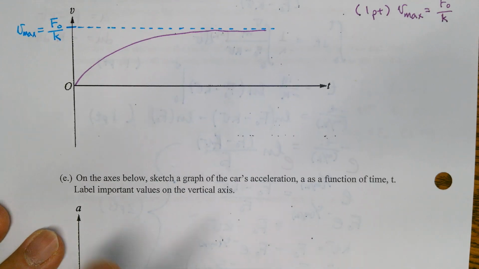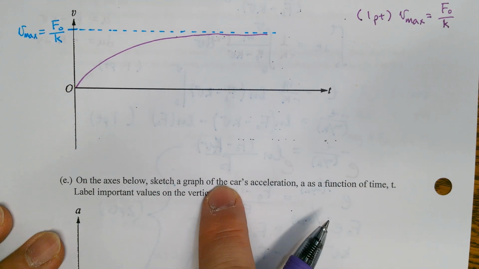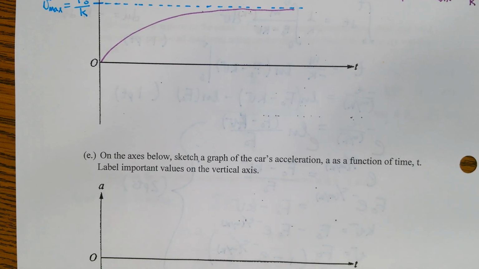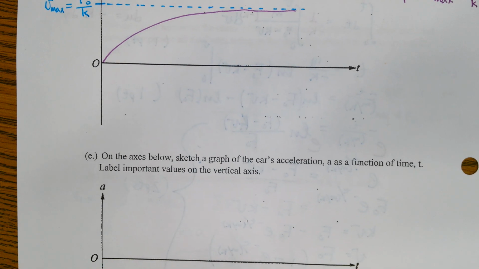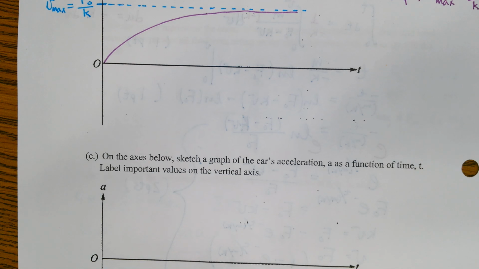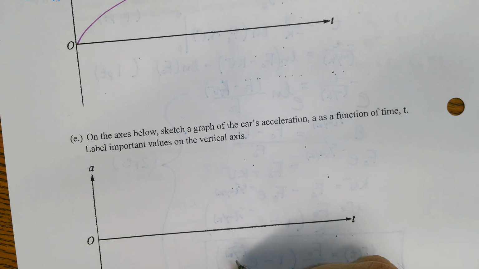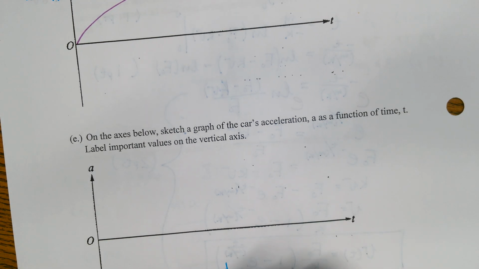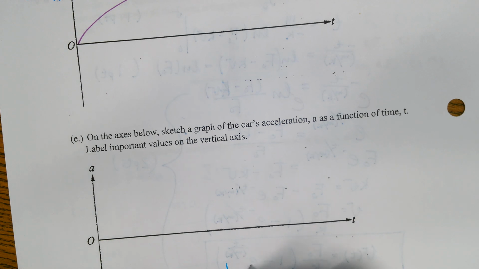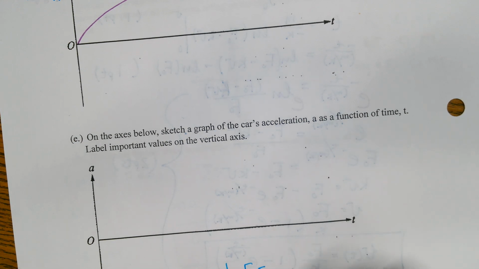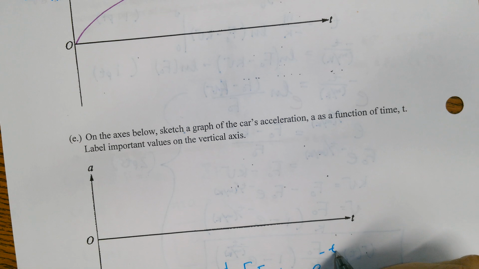Then, on the axis below, sketch the graph of the car's acceleration. So, we know acceleration is equal to dv over dt. So we have to take the derivative of that velocity function: d/dt of F naught over k times 1 minus e to the negative t over m over k.